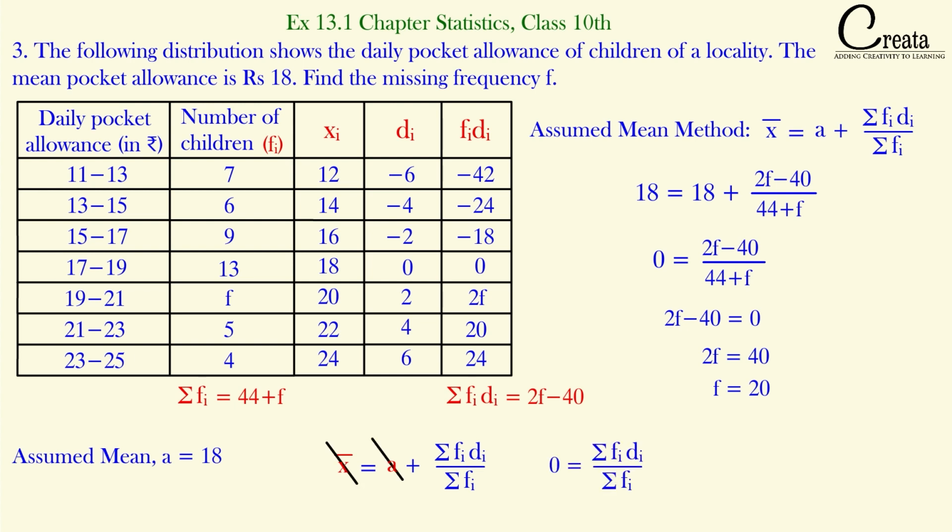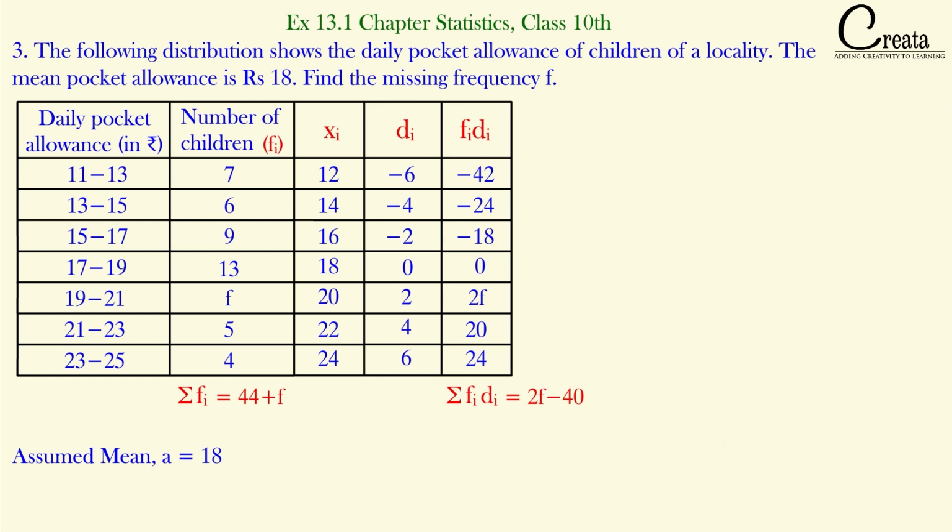Got it? We get sigma of fi into di upon sigma of fi is equal to 0, which is sigma of fi into di is equal to 0. We have simplified the formula. And what is sigma of fi into di? It is 2f minus 40 is equal to 0, which on solving we got f is equal to 20. We have just simplified our calculations.